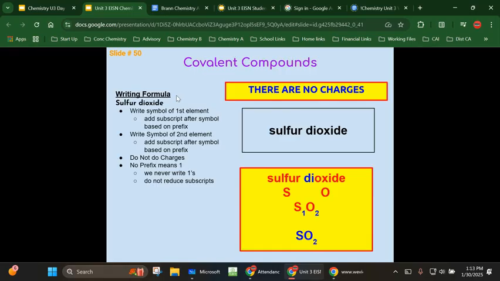Okay, but I want to throw something at you real quick. SO2, right? No problems with that? We understand that completely? What's that? You're right, that is the charge of oxygen.